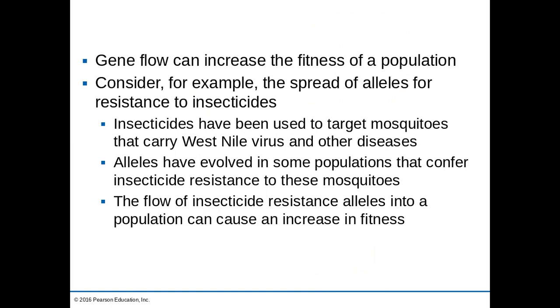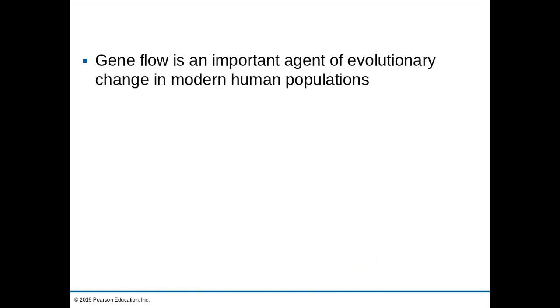And then these mosquitoes can survive and reproduce even when sprayed with the insecticide. And if they fly somewhere else, then they can increase the fitness of that population and begin surviving and reproducing there. And then eventually all the mosquitoes are resistant to that insecticide.